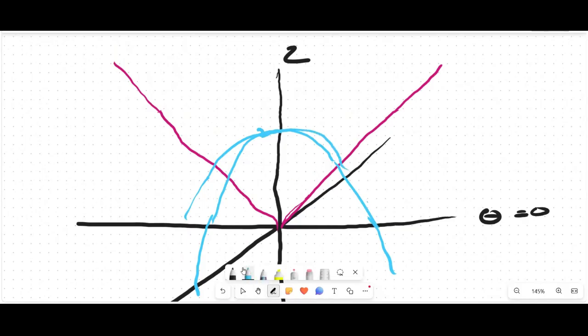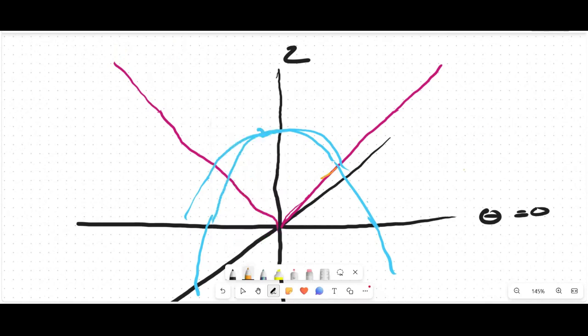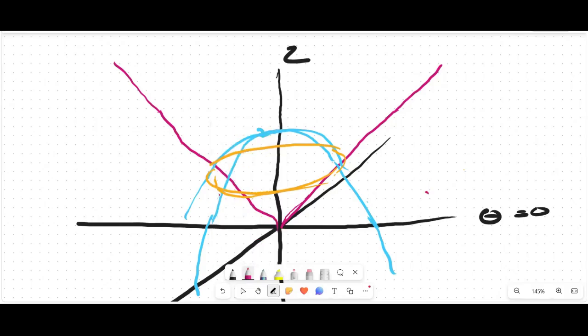Okay, so they intersect. I hope you can see this. They intersect along a circle. Below this circle, you see the cone.